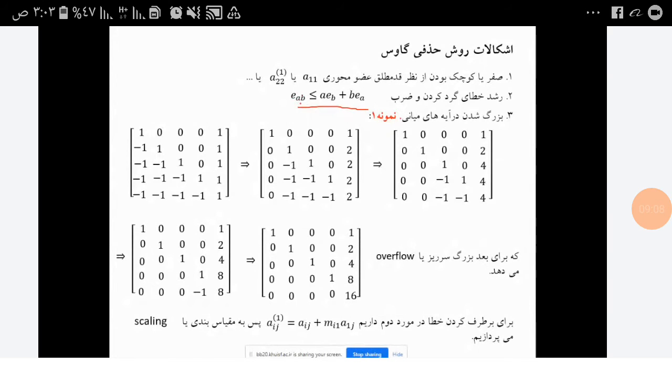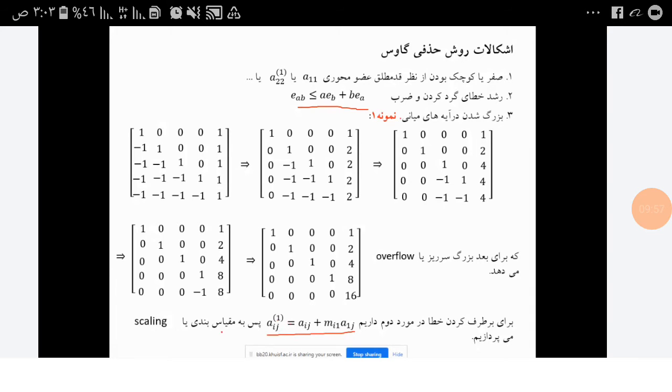Error in A cross B is less than or equal to A cross error of B plus B cross error of A. Okay, we know a_ij in step 1 is equal to a_ij from the previous step minus m_i1 cross a_1j. The change in entries in Gauss elimination can be calculated with this formula.